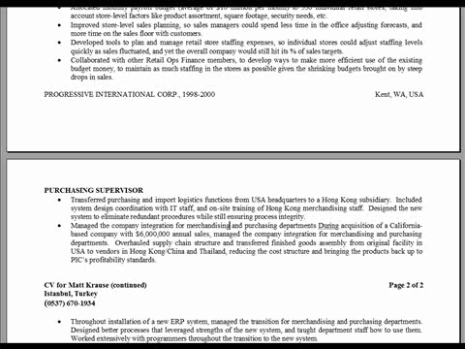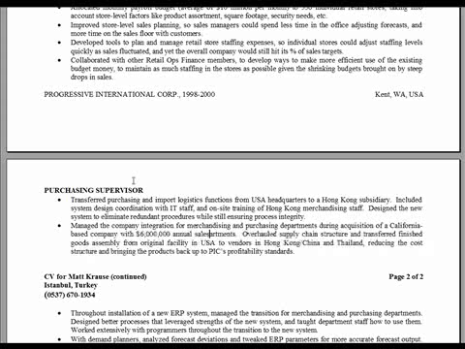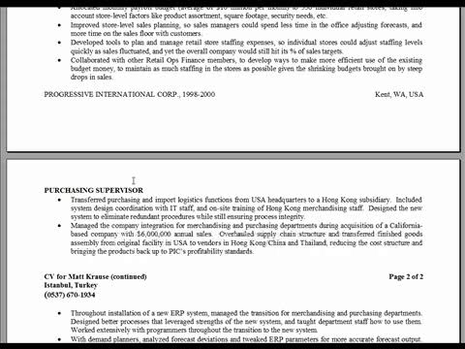Managed the company integration for merchandising and purchasing departments during acquisition of a California-based company with $6 million annual sales. We'll delete the old version of the sentence. All right, so now we begin that bullet point with our regular pattern, past tense verb managed plus noun object integration.